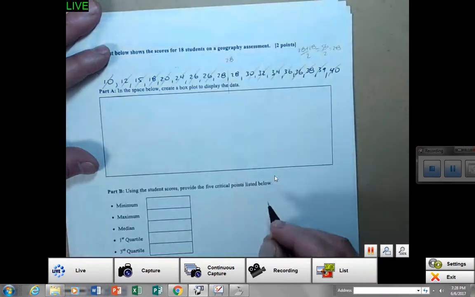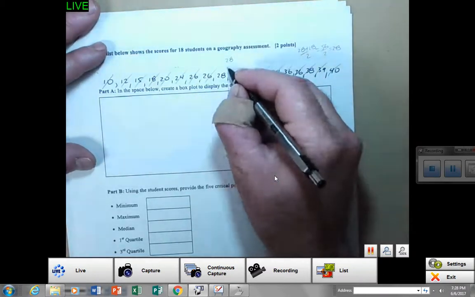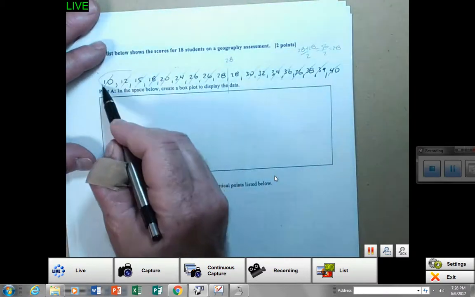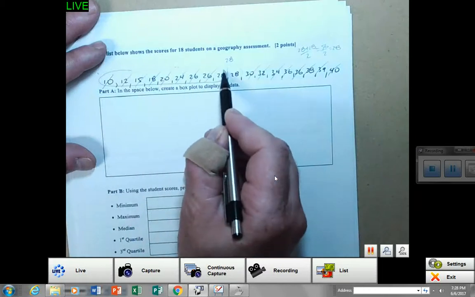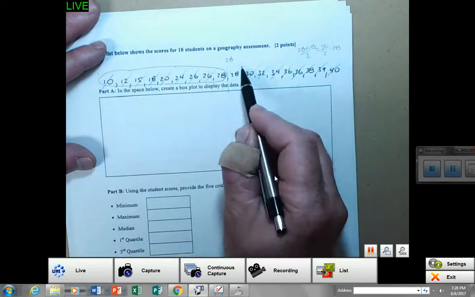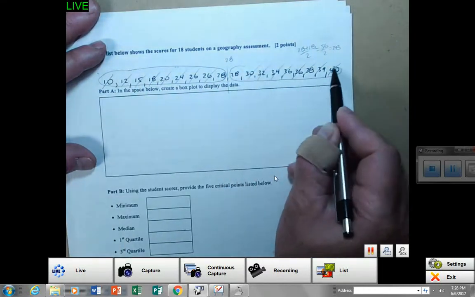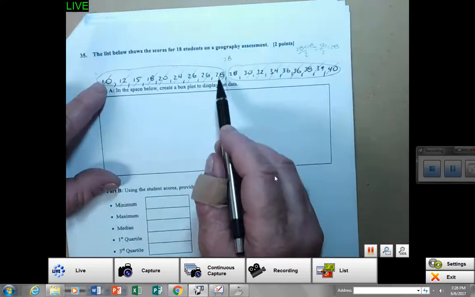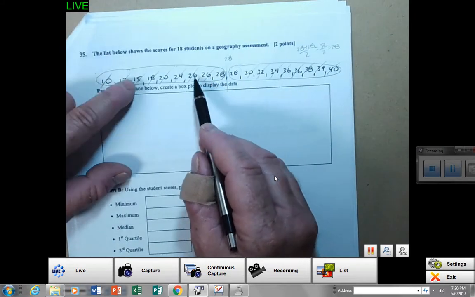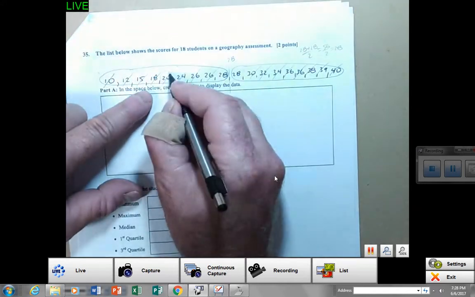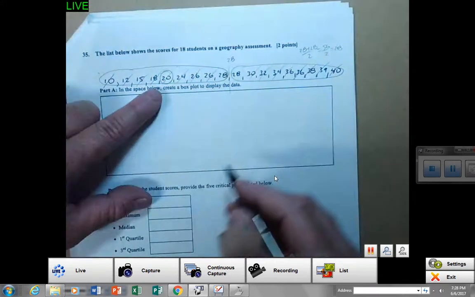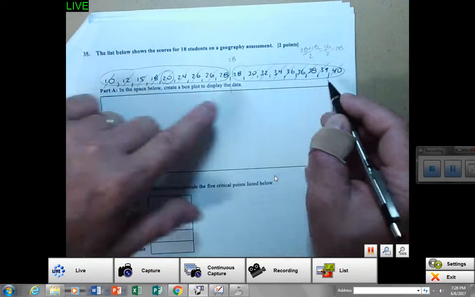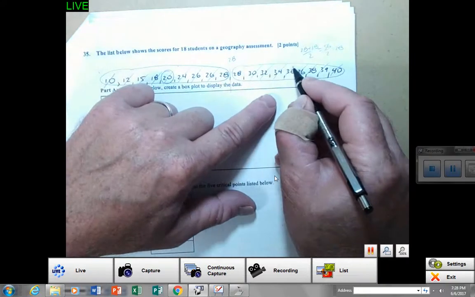To find the median of the top half and bottom half, I'm still going to use all those numbers. So those of you who I told different, make sure you fix that. I'm going to use all those numbers to find the top and the bottom median. So the median of this bottom half, if I look at it, is 20. The median of this top half of numbers, if I go from the outside, is 36.